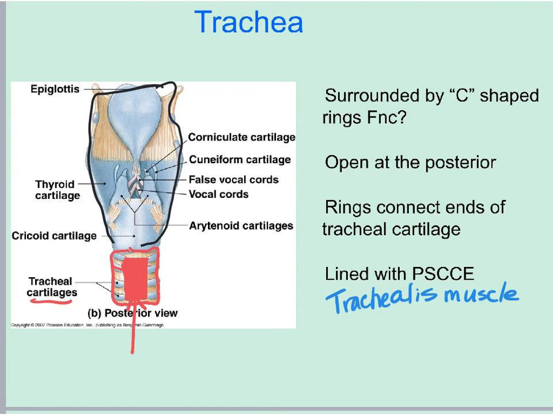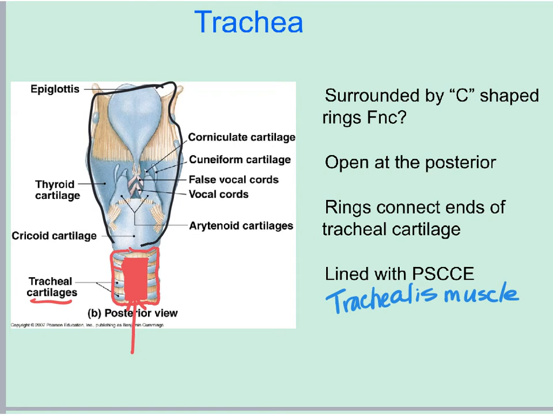So if you imagine, just as you're sitting now, the trachea has a fixed diameter, meaning it's only so wide. You're just sitting down, you're breathing normally, you're not exercising. But for instance, if you were up exercising and there was greater demand for oxygen to get to your body, that trachealis muscle would relax and it widens the trachea, allowing you to take more air in per unit time. So that's the function of the trachealis muscle.